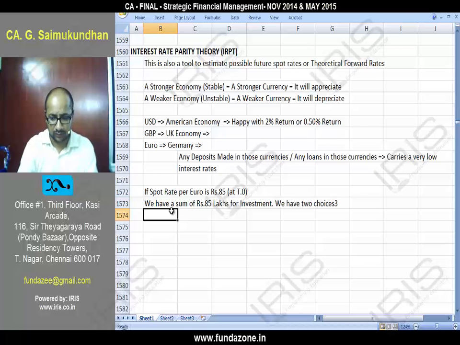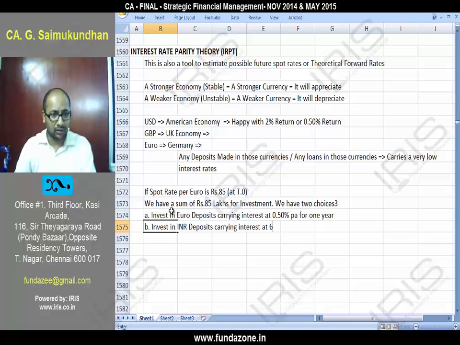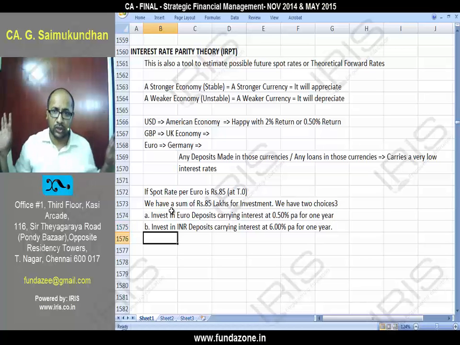We have two choices. Invest in euro deposits carrying interest at say 0.50% per annum for 1 year, or alternatively invest in INR deposits carrying interest at approximately 6% per annum for 1 year. This is our choice.